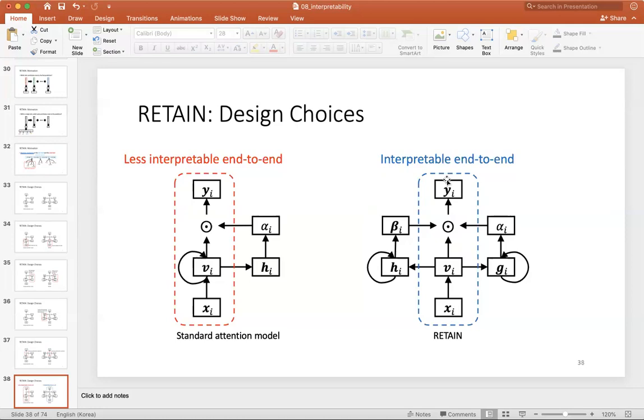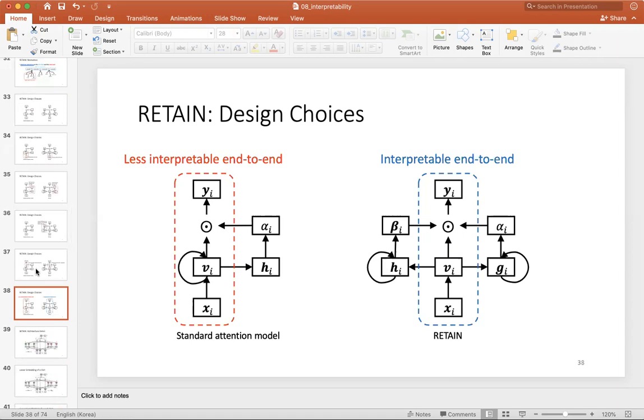So that is why you can completely decompose y_i, your prediction, into the contribution scores of individual x_i's at every time step. It's because of the preserved linearity in this prediction pathway, this workflow. So that's the core idea in RETAIN.